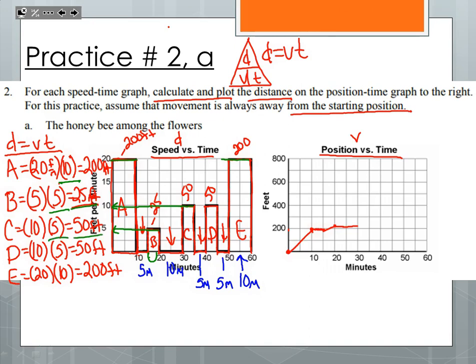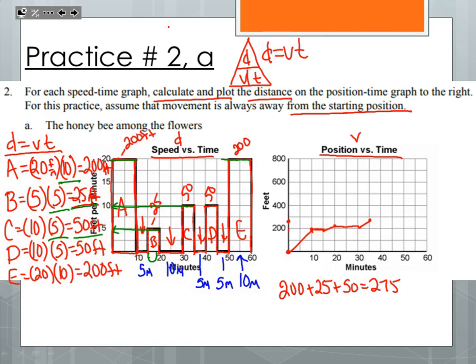So we're going from 200 to 225, and now we're adding 50. Now we're at 275 feet, and my 275 would be about here. I would go over on this next one 5 more minutes. This is at 35. There.